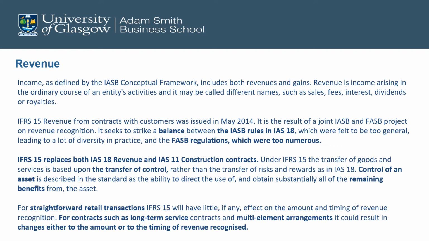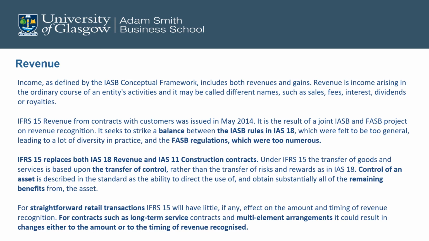Under IFRS 15, the transfer of the goods and the services is based upon the transfer of control rather than the transfer of risks and rewards, as in IAS 18. The control of an asset is described in the standard as the ability to direct use or obtain substantially all of the remaining benefits from the asset.